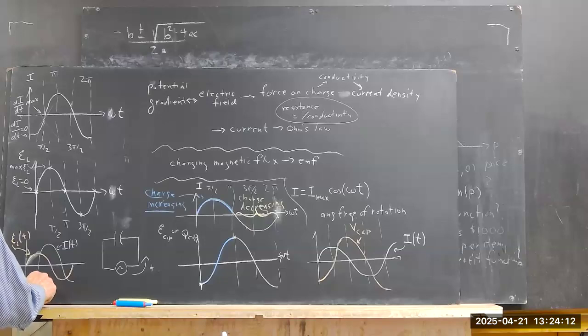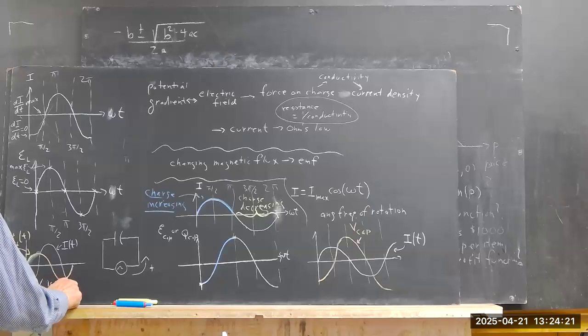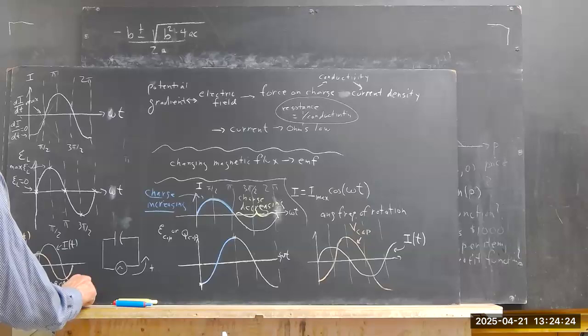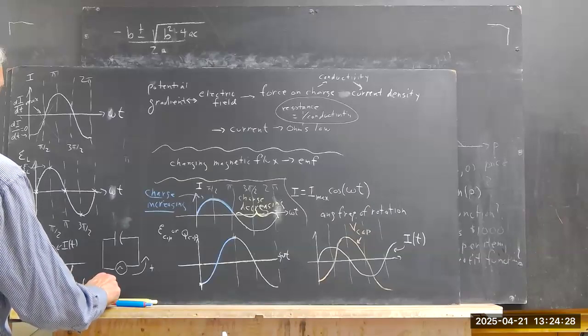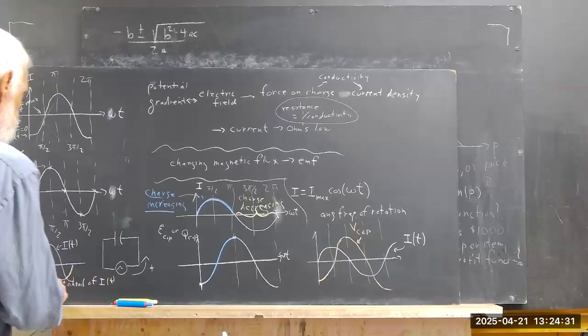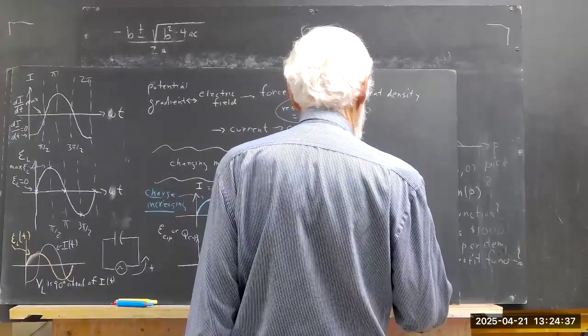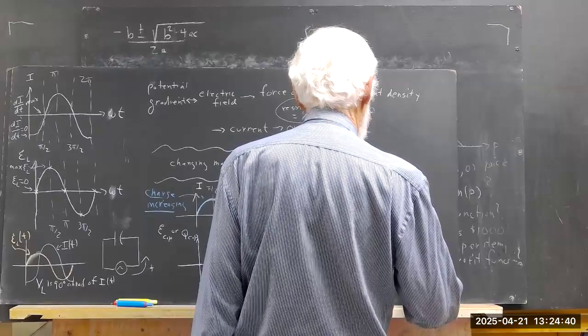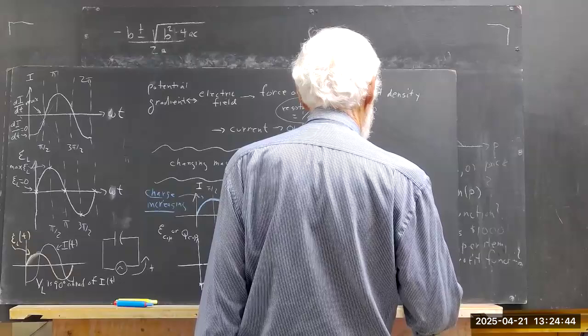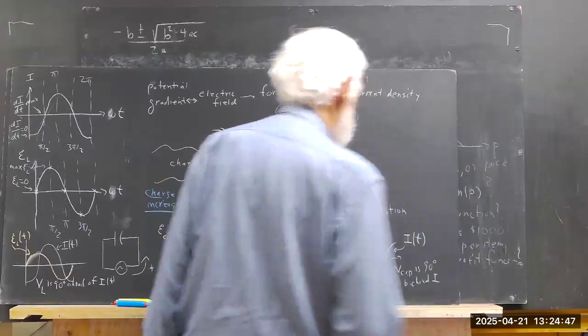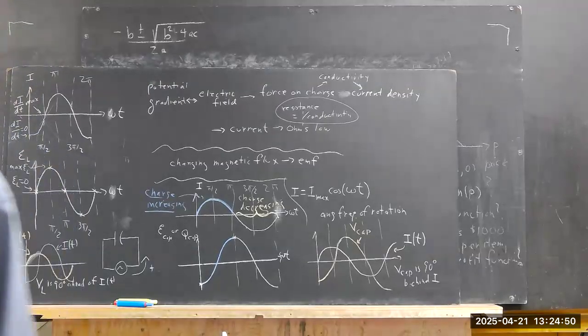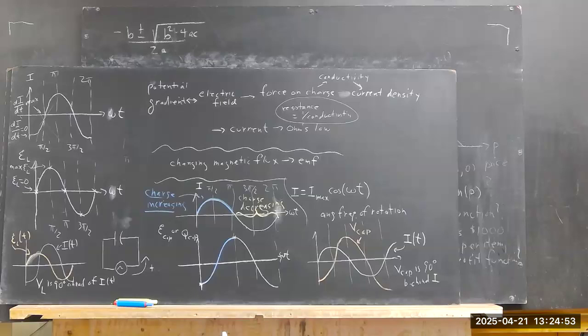L usually, what the book uses is B sub L. B sub L is 90 degrees ahead of I. The capacitor is 90 degrees behind I. It's a 90-degree lag here and 90 degrees ahead here.